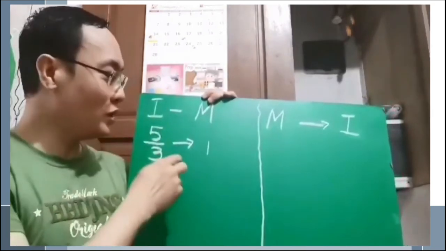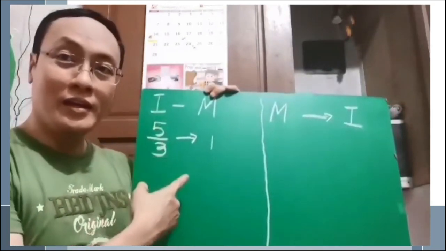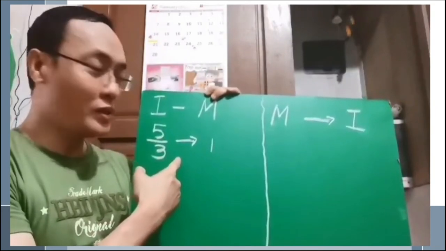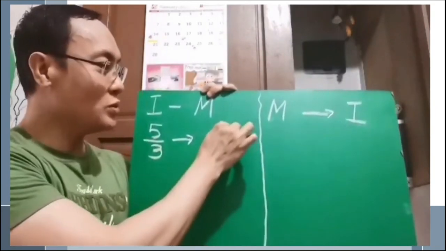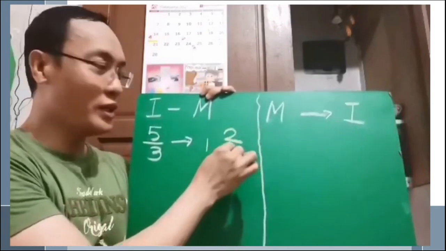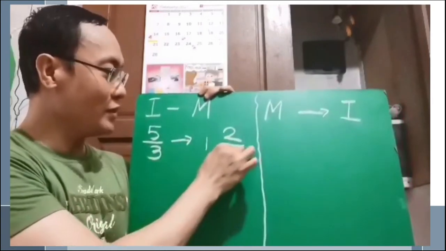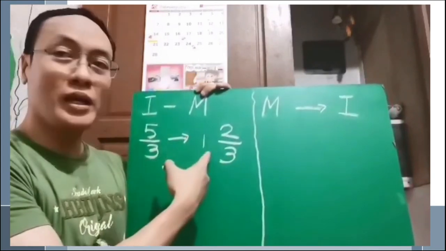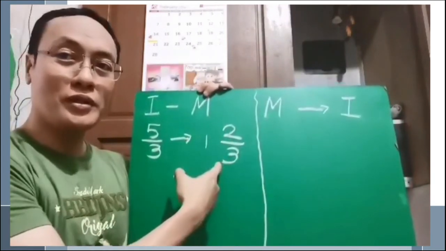Okay, so makakakuha tayo ng 1/3 sa 5. So, ilan ang remainder? So that's 5 minus 3 is equal to 2. So that is our numerator. Then copy the denominator. So 5/3 changing to mixed number is equal to 1 and 2/3.